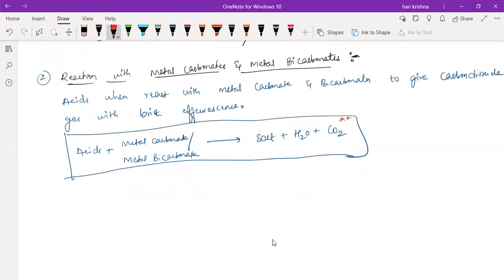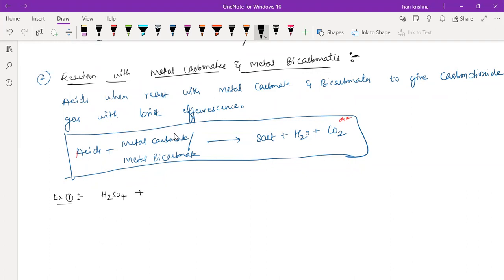Any example? You yourself tell an example. Take one acid. Which acid shall we take here? Sulfuric acid, shall we take?